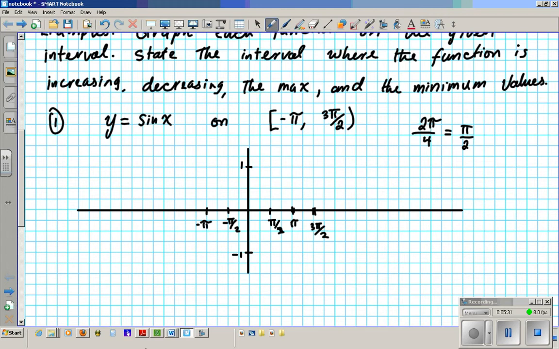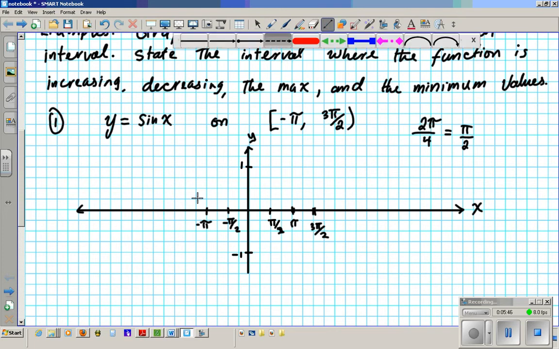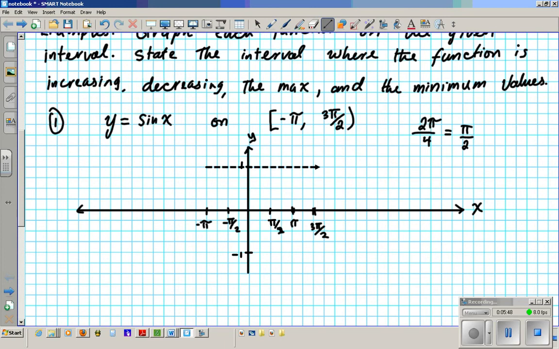That's good enough. Okay? So there goes my calibration for my x and my y-axis. This is exactly the same as what we've been doing before. Let's put in our max and min boundaries. This is how high it goes, and it goes as low as there.